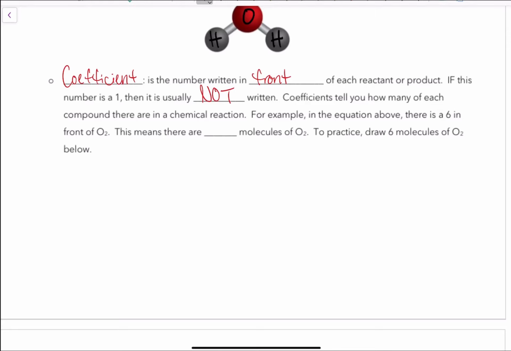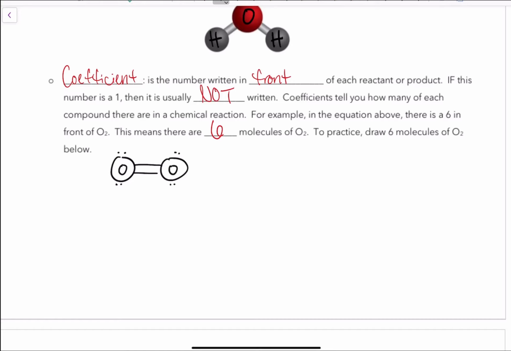For example, in that equation we just looked at, there's a number 6 in front of O2, which means there are 6 molecules of O2. So we're going to practice this by drawing 6 O2 molecules. That way we can differentiate what this means. One O2 molecule, we know it has a double bond, and it looks like that. So this would be one of our O2 molecules.